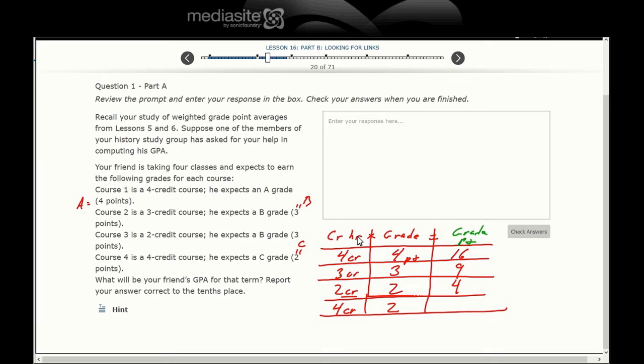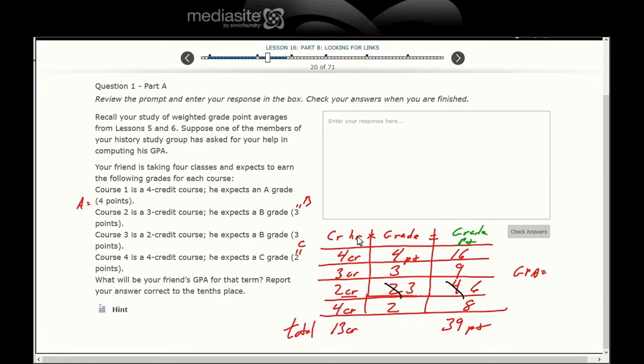The 2-credit course I actually got a B in. Two times 3 is 6, 4 times 2 is 8. Again, this total is 4, 8, 10, so it's 13 credits, and 16, 22, 39 points towards my GPA.